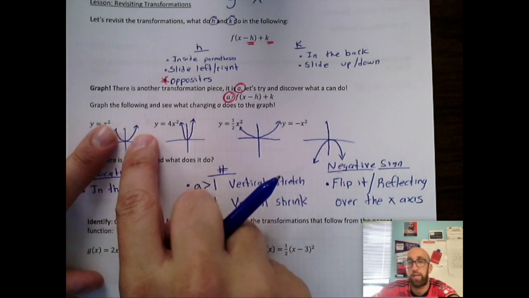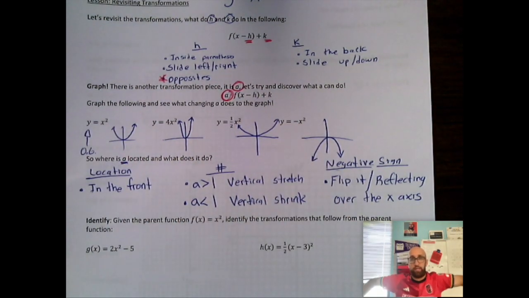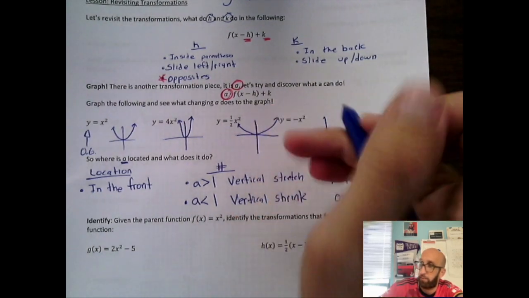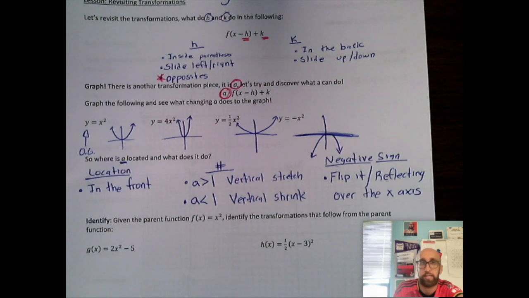So the graph was on top, but because this negative showed up, the graph went down. Okay, so if it's positive, we're going up, negative, we're going to go down. So we're going to reflect over the x-axis, so flip over this axis. That's what the negative sign is going to do.